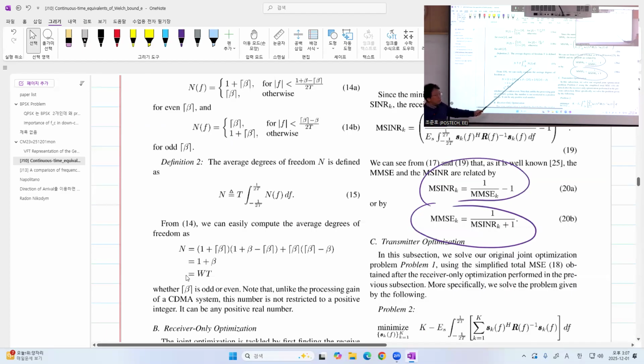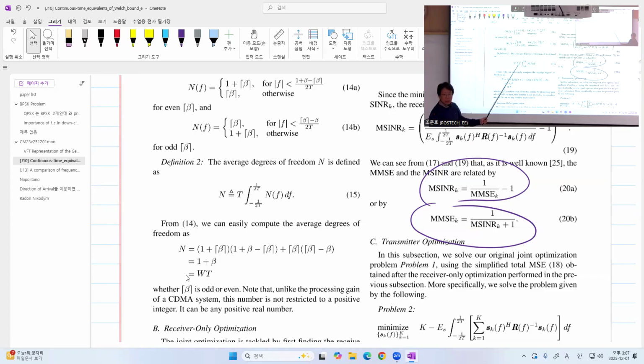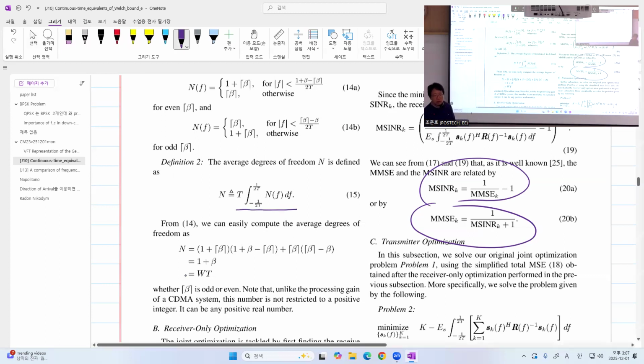Interestingly, this capital N of F integrated over the entire interval and multiplied by t, then it becomes n. So this is just the average degrees of freedom. And n is, you can see, the same as Wt. So if you are given a bandwidth W and you are going to use symbol period capital T, then your N of F averaged over this entire interval.